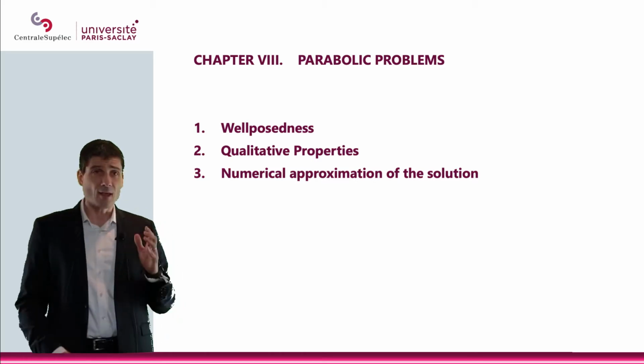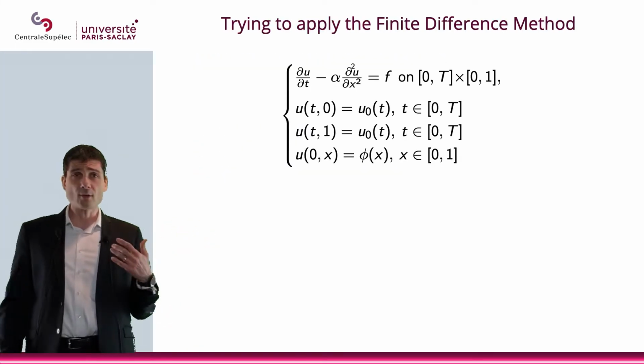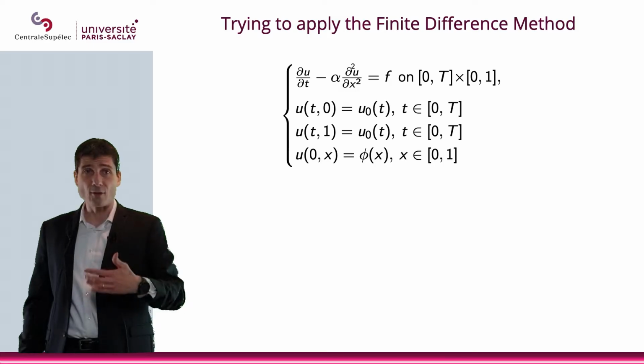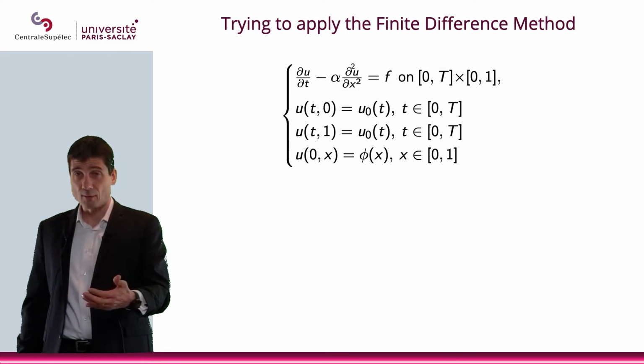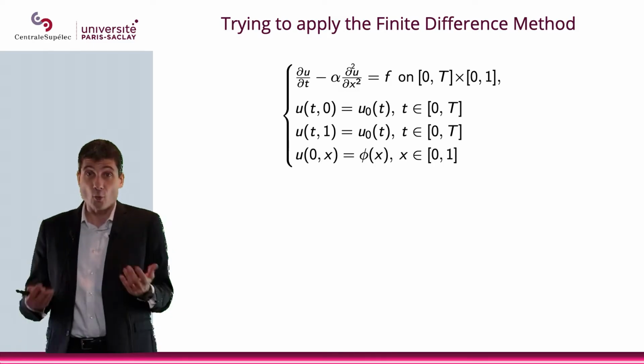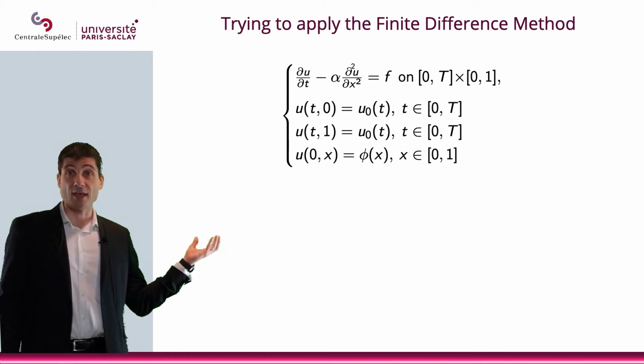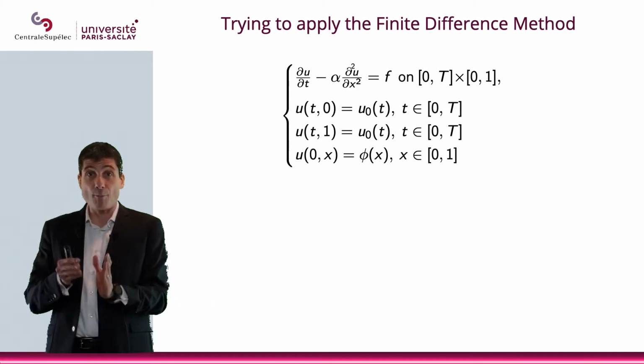And let me explain. If you look at this equation, we could say, let's try to apply the finite difference method, right? The finite difference method is just a way to approximate the derivatives based on points of the grid.